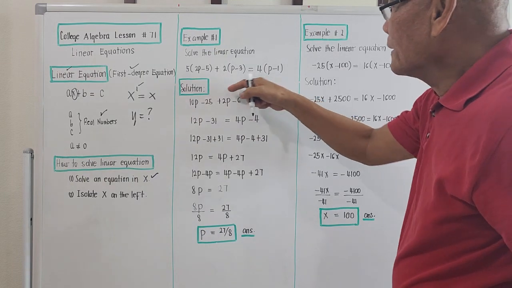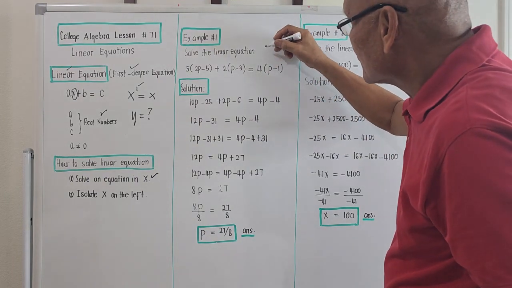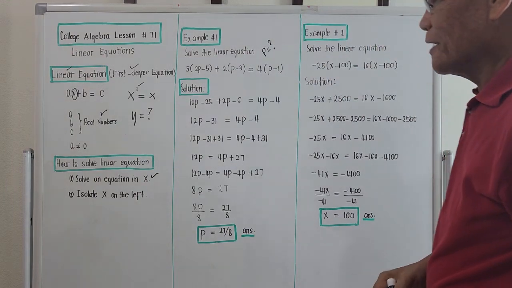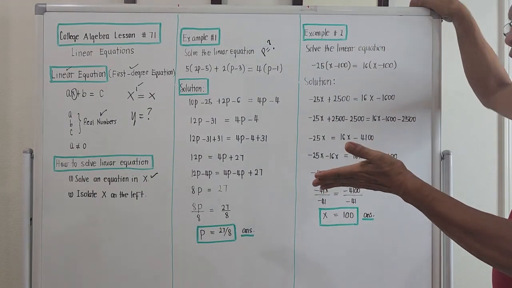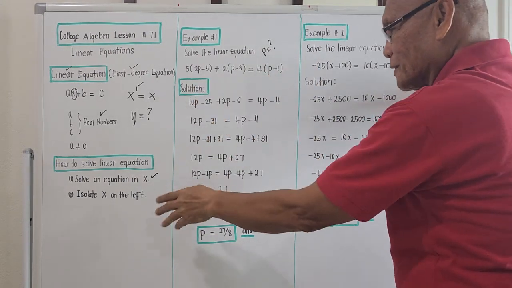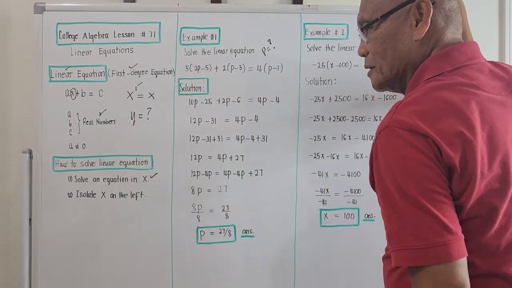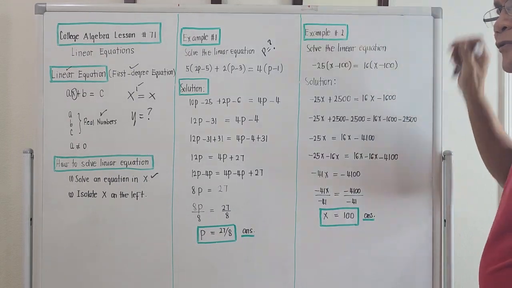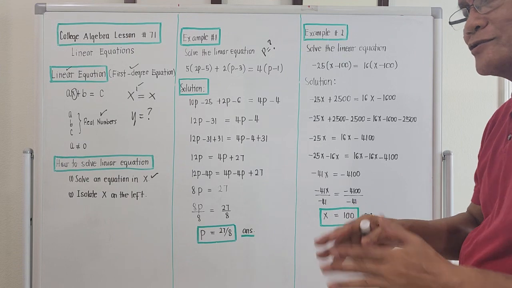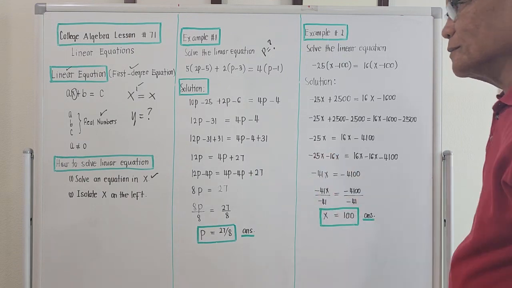The variable here is not x, it is p, so obviously we are solving for p. Like I said, if the given variable is p, you must solve for p. If the given variable is x, you must solve for x. The procedure is the same.